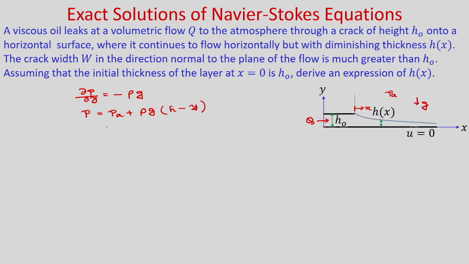So, from here you can see that del p by del x, we can write as rho g dh by dx. Okay. So, the velocity distribution in this layer will be the same as that in the lower half of the plane Poiseuille flow in a channel of height 2h, where there is 0 shear stress at the mid distance h above the lower surface.